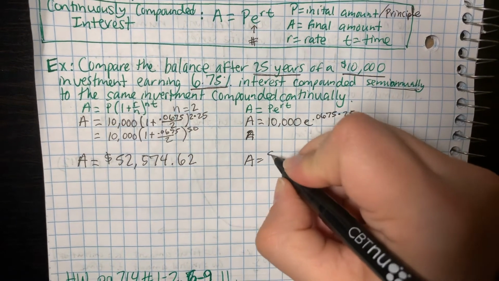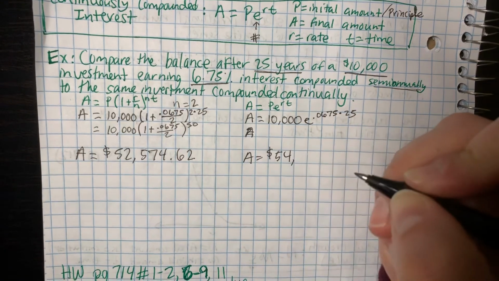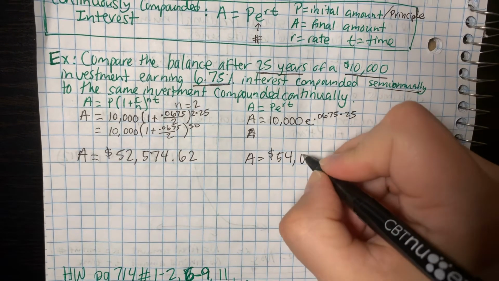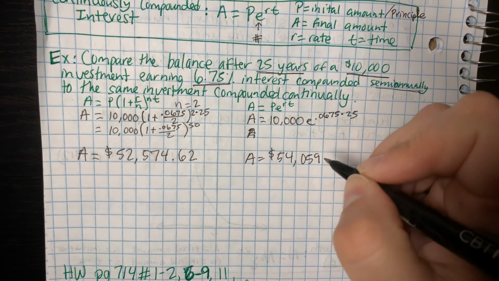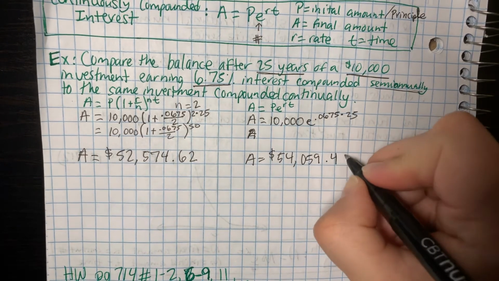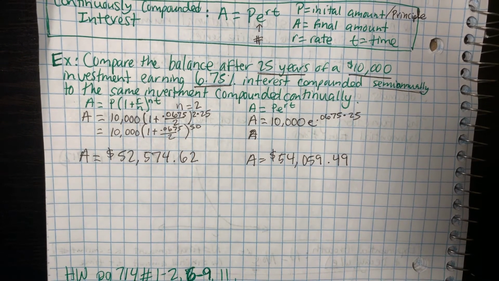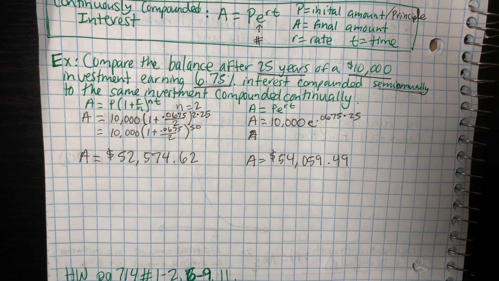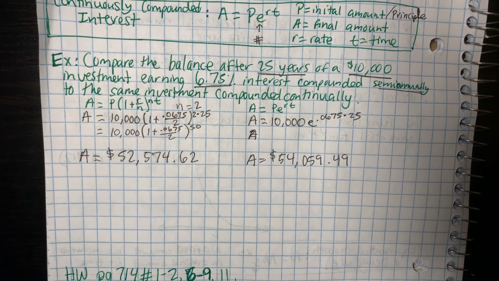That's going to equal 54,059.49. So as you can tell, over that 25 years, compounding continuously actually gained us about $1,500, which, I mean, I would take $1,500. I think you guys would too.